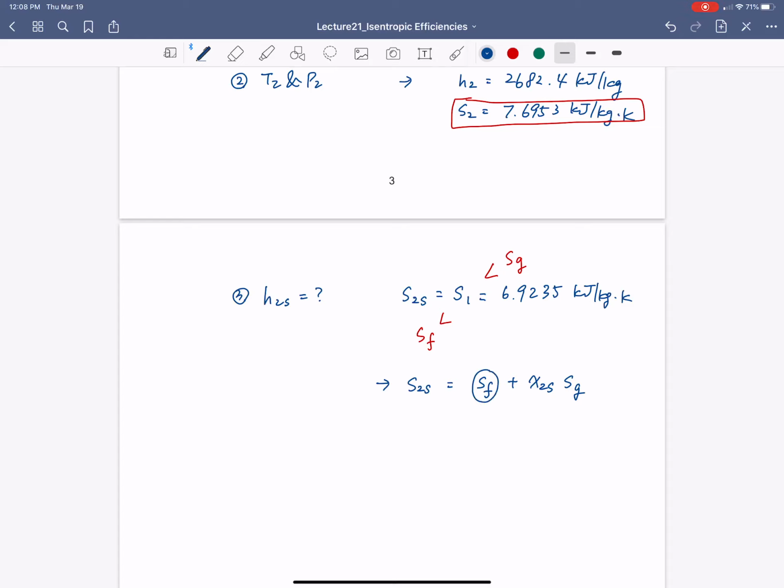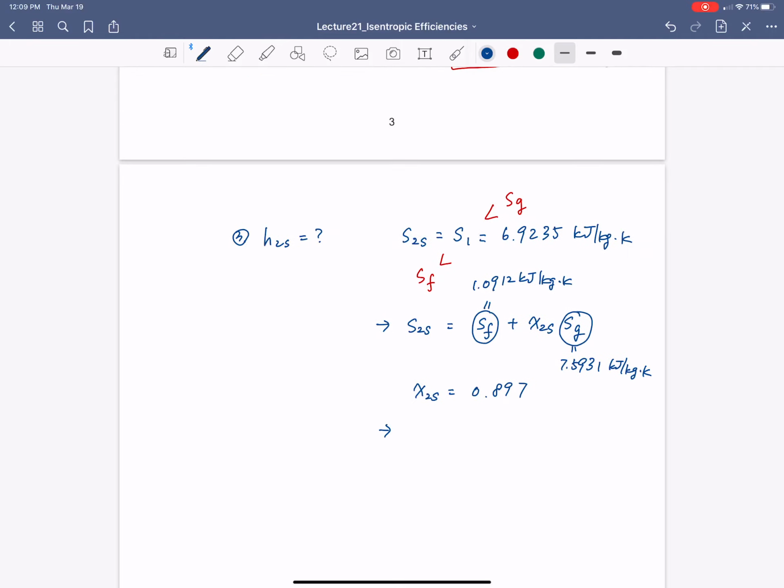Now we know Sf to be 1.0912 kilojoule per kilogram Kelvin, and Sg is equal to 7.5931 kilojoule per kilogram Kelvin. So from this equation, we can calculate the quality of the steam that is exiting the ideal turbine, which is 0.897.